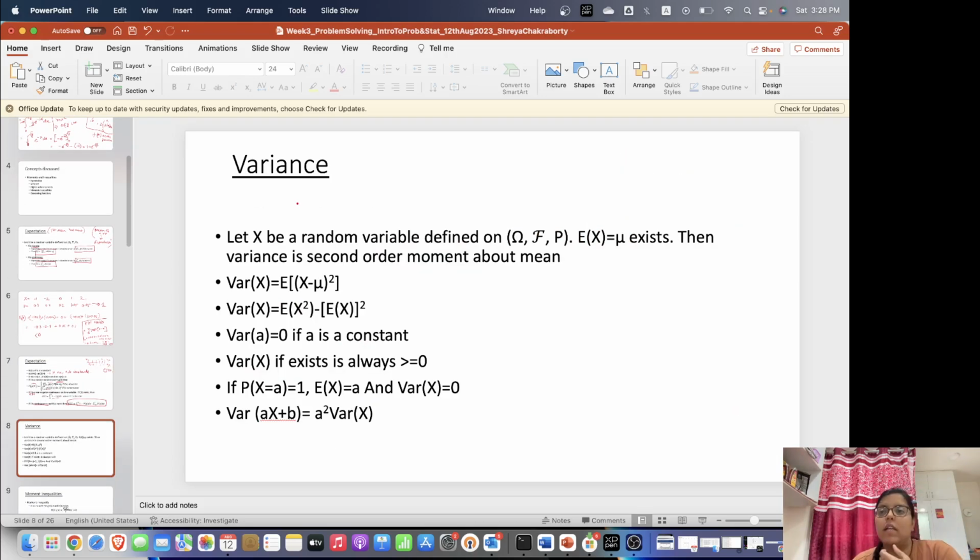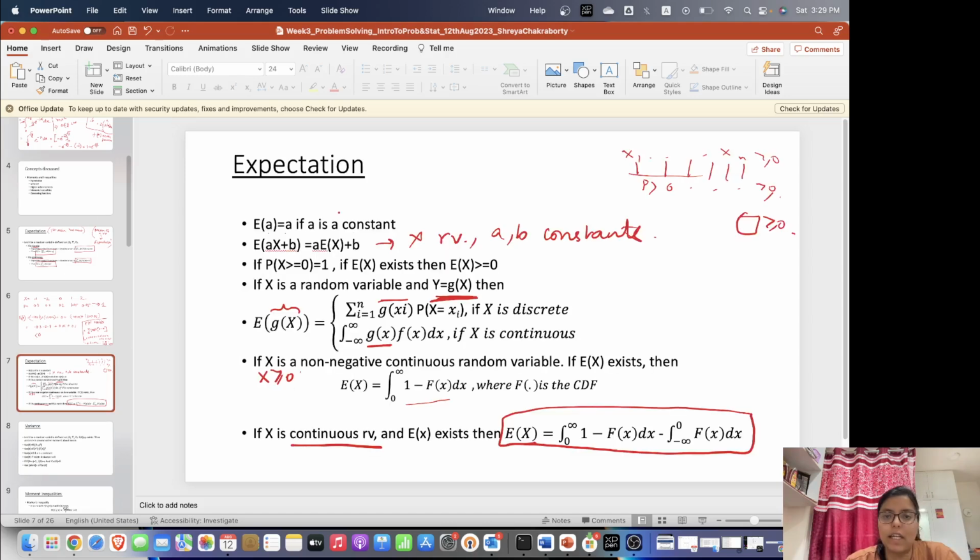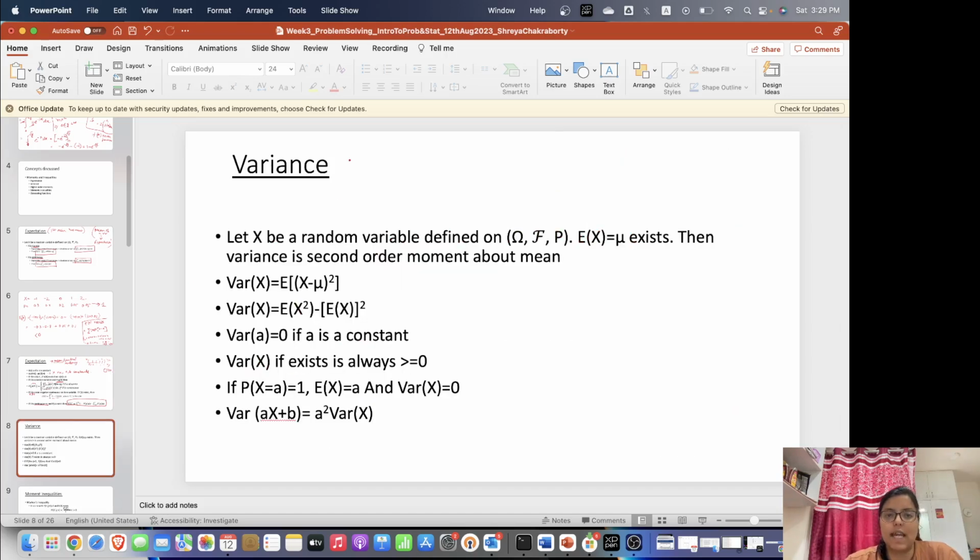So then the next thing that was discussed was variance. Expectation captures the mean, the central tendency of a random variable, and variance captures the spread around the mean.